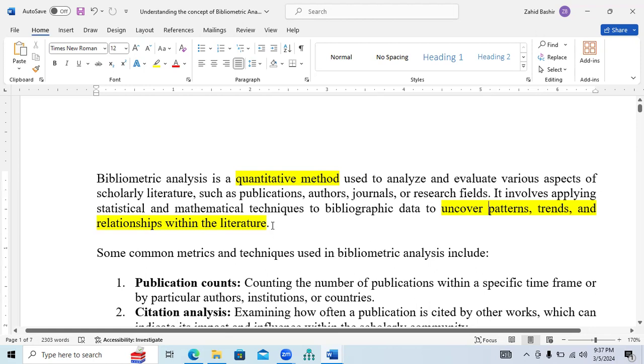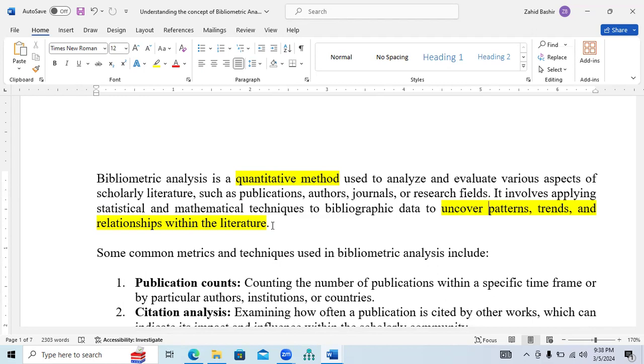So basically, the bibliometric analysis lets you know how a particular domain or field has developed according to the literature, and whether it is growing or going downward, or whether it is able to produce more research in the future or not.